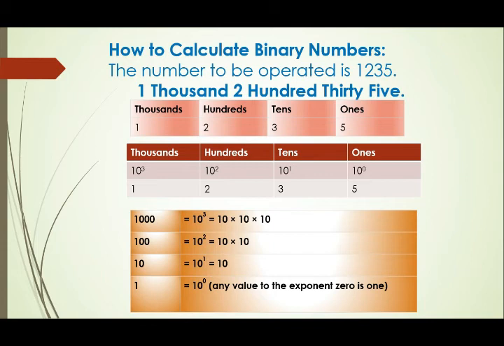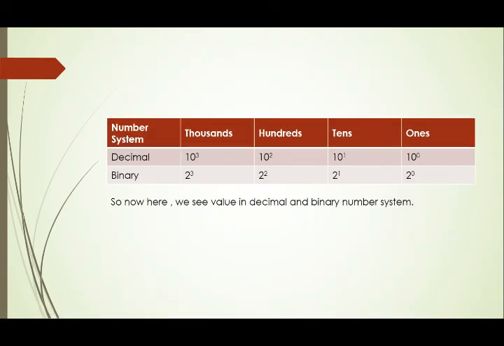We can see the base or radix is 10, so 10 raised to 0, 10 raised to 1, 10 raised to 2, 10 raised to 3, from least significant digit to most significant digit. So here we see the calculations. The value of 5 is 5, the value of 3 is 30, the value of 2 is 200, and the value of 1 is 1000.